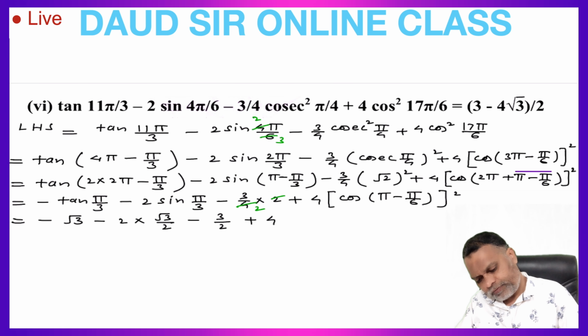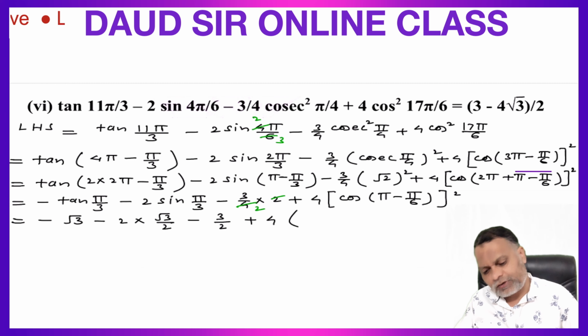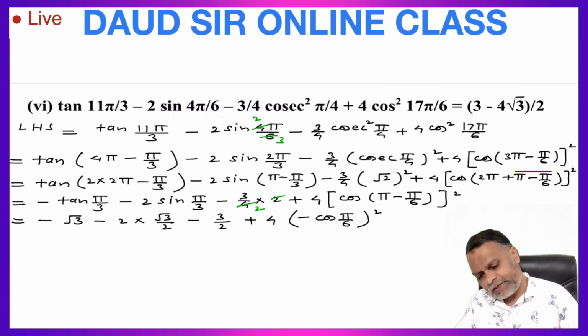Plus 4 cos 180 minus theta. 180 minus theta lies in second quadrant, and in second quadrant cos is negative, this is cos, so minus sign. In case of 180 degree there is no change, so this is cos pi by 6, minus cos pi by 6 whole square, which is equal to minus root 3.